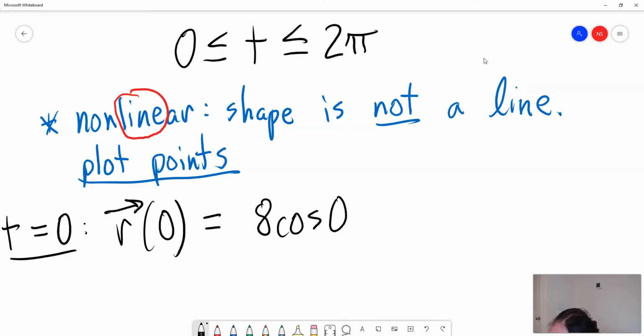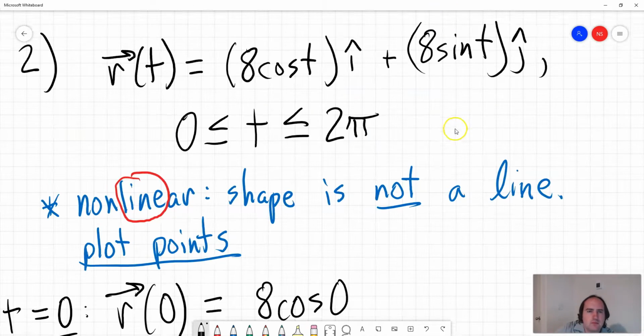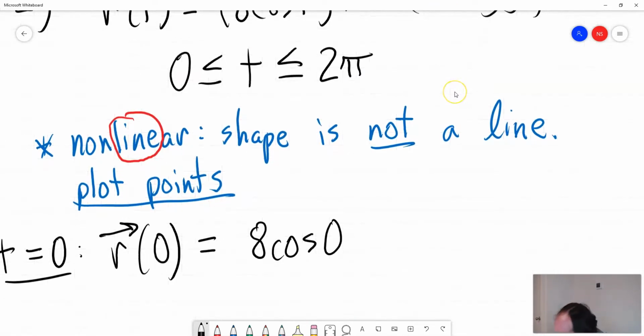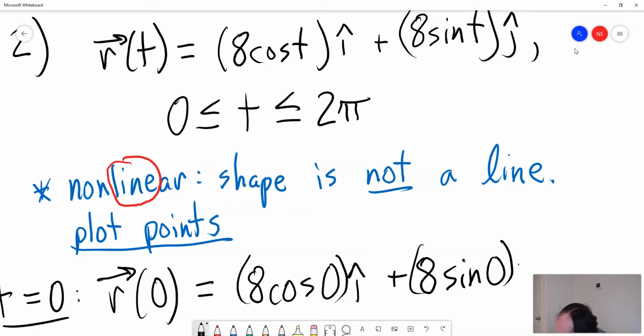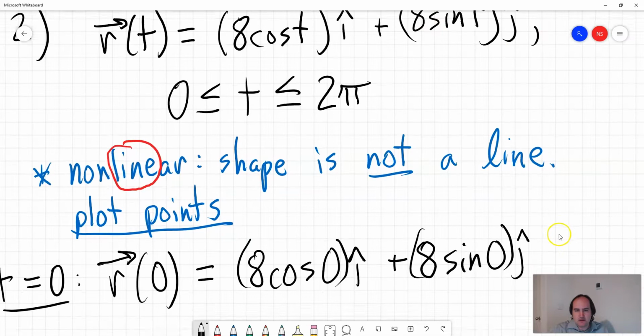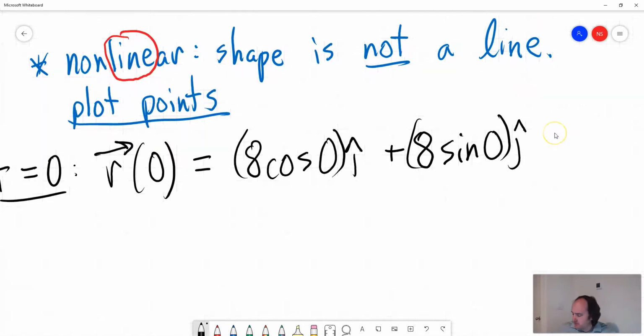8 times cosine of 0 i plus 8 times sine of 0 j. Okay, and once again, these are in 3D, so because they aren't giving us a k, we're going to go ahead and write a 0k as the third component.